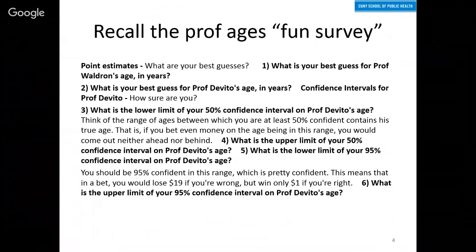Does that make it a little bit more clear? It's the same idea. It's just that instead of taking a continuous measurement and calculating the mean, you're taking a bunch of yeses and nos and calculating a proportion. But that proportion is subject to sampling variation in just the same way that the mean is.